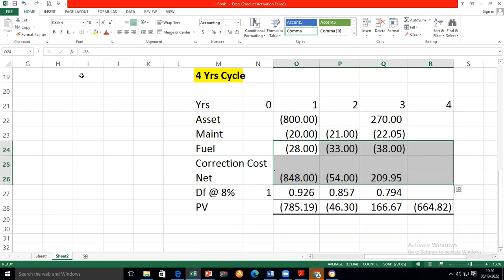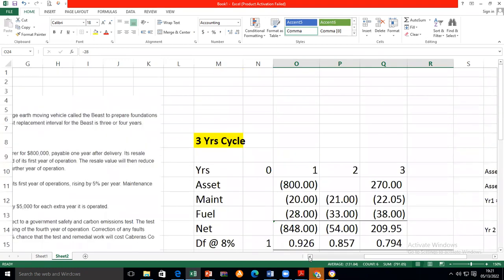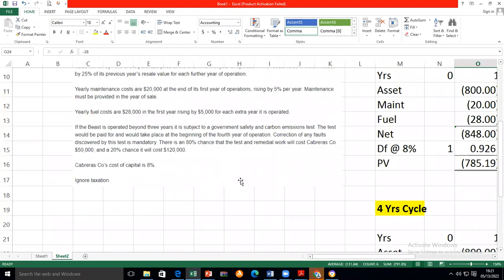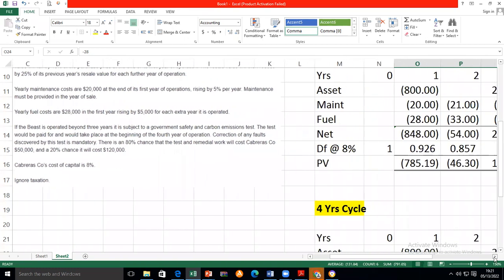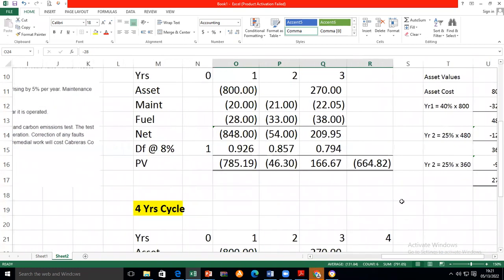The safety test is at the beginning of the 4th year. Which year is that? The beginning of the 4th year is the end of the 3rd year.